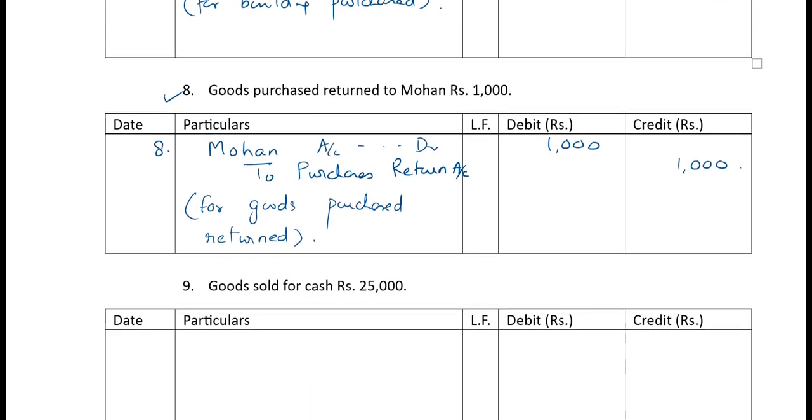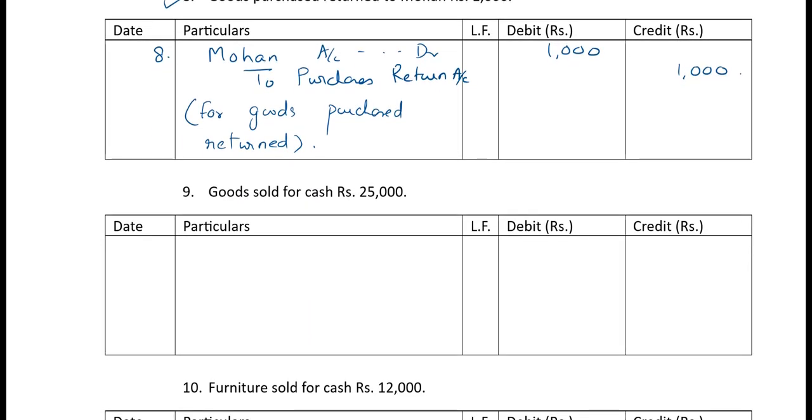Next transaction, goods sold for cash, rupees 25,000. The term for cash is used, so it is a cash transaction. Goods are sold, so we can use the term sales. The two accounts involved are cash account and sales account.